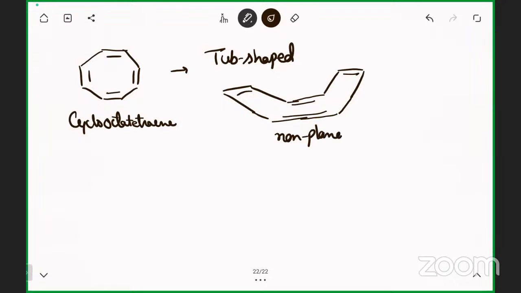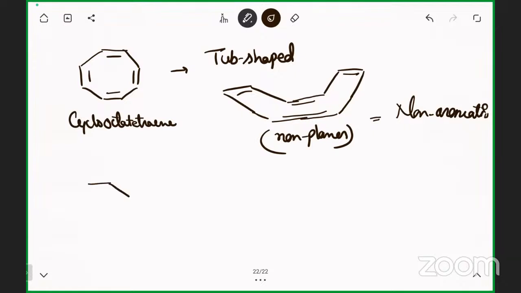All the bonds are not on the same plane. And if the conditions are not satisfied, the compound is considered non-aromatic. So cyclooctatetraene is a non-aromatic compound.